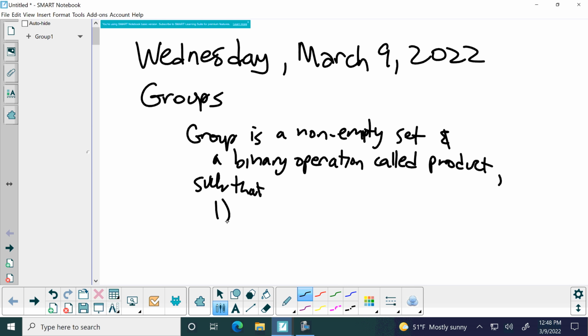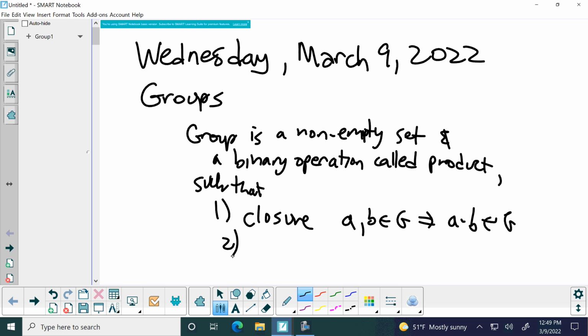A non-empty set with a binary operation, and you have four things that have to be true. Closure, right, very good. So we have closure, and that means that for A, B in G, the product of A and B is in G. Of course, we say product, but the operation could be addition, but we just use the dot as kind of a universal operation.